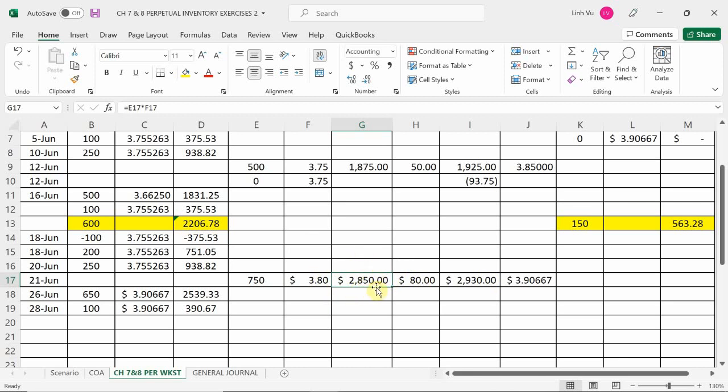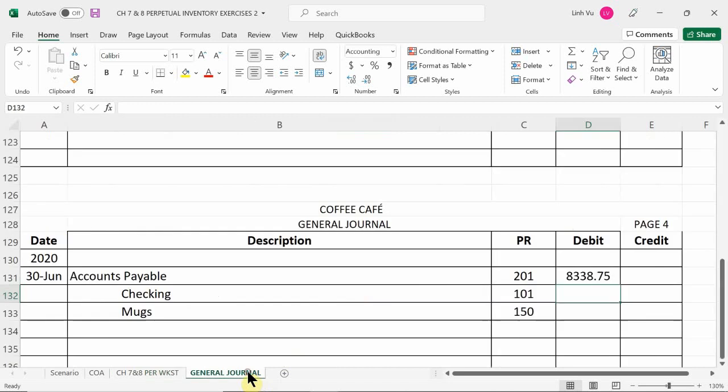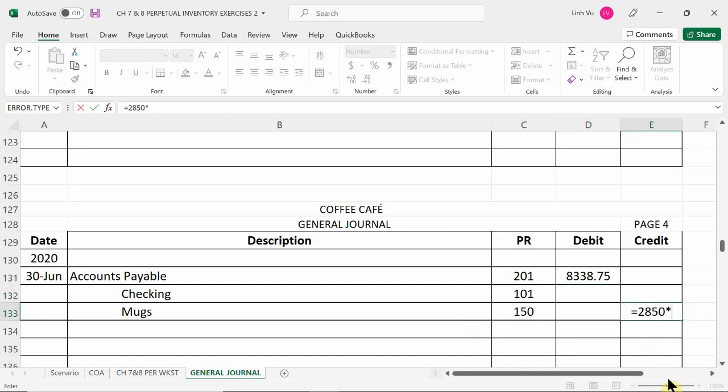So in this case I can only discount $2,850. If my discount is 5%, what is 5% of $2,850? $142.50.